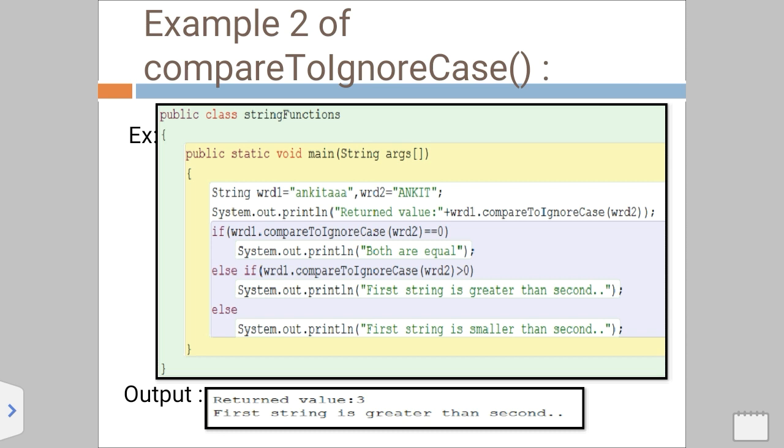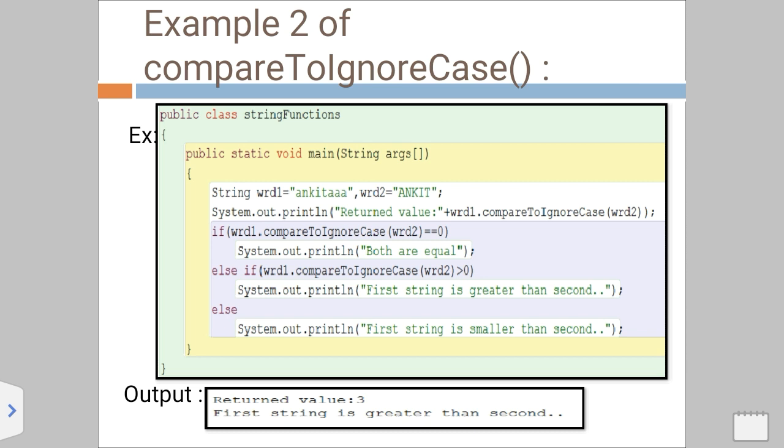Now see what happened. The returned value of Ankita and Ankit by using compareToIgnoreCase is 3. Means the first string has 3 letters extra than the next string. That's why we are getting a positive value as 3.